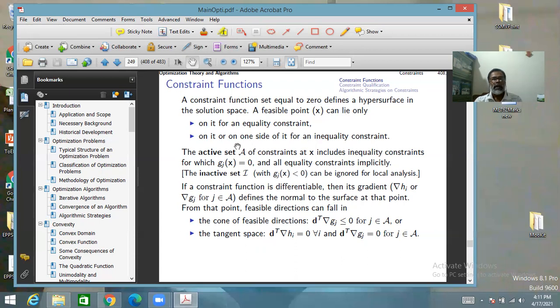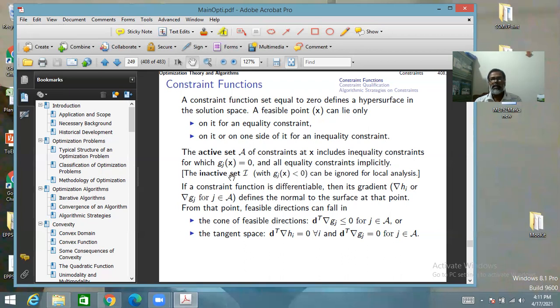Now, the active set, this is a term actually. The active set of constraints at a point will include all the inequality constraints for which this is 0 and all equality constraints anyway.